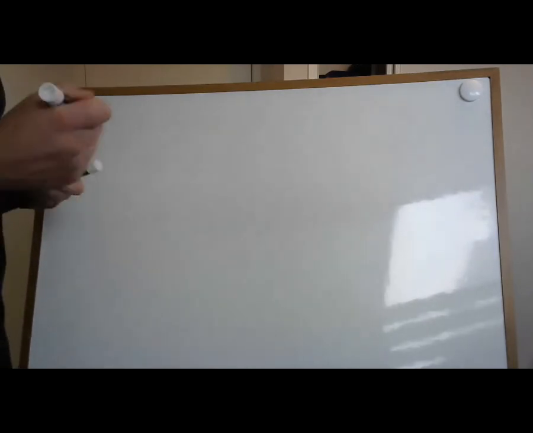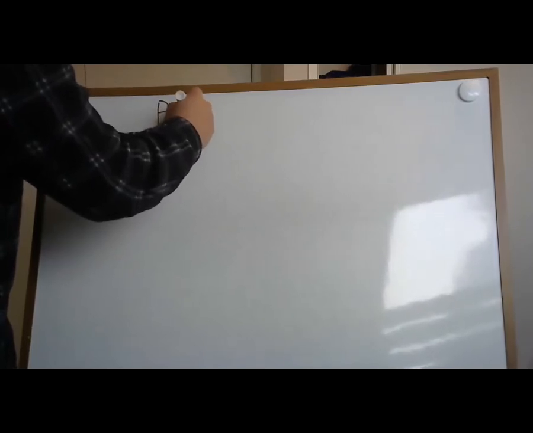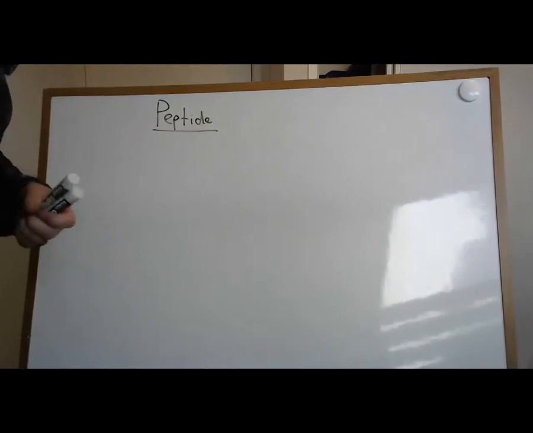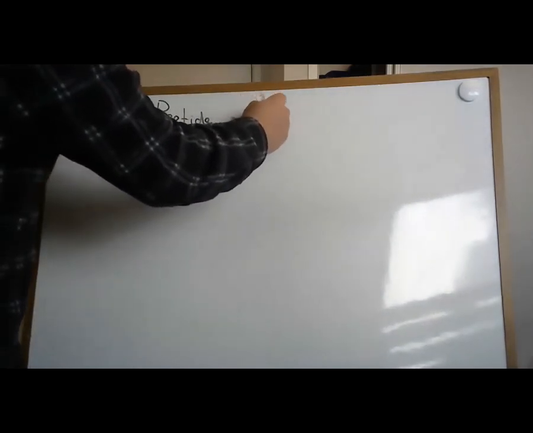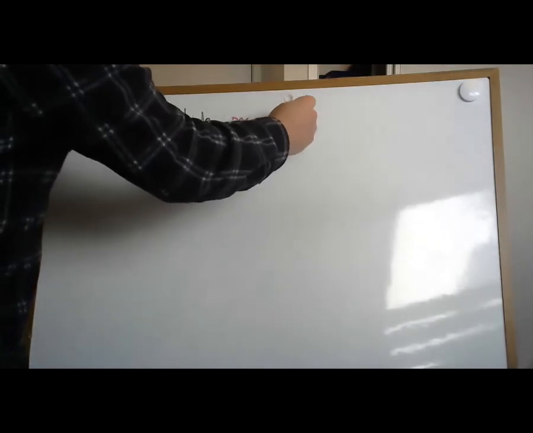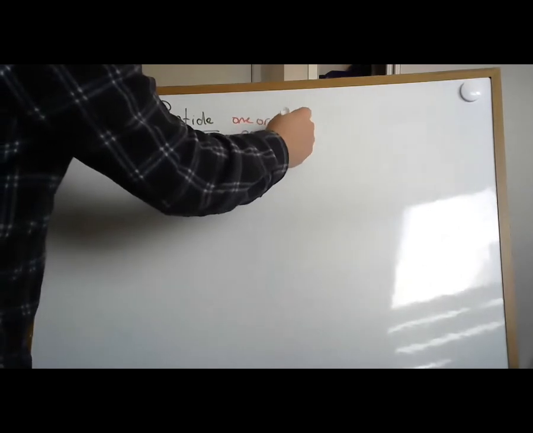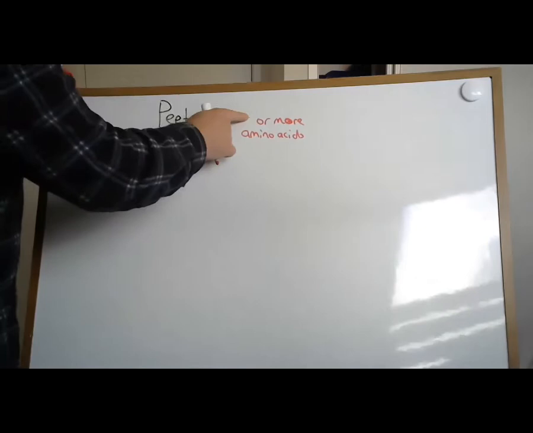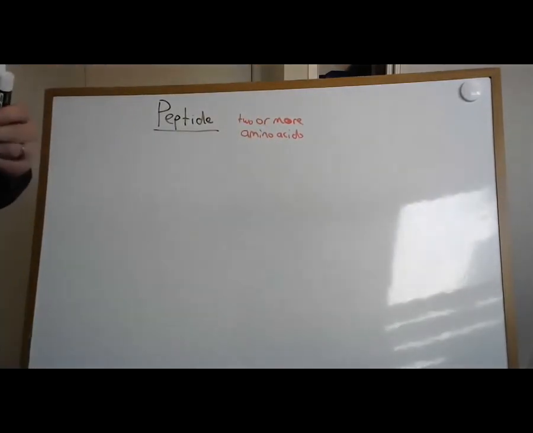So peptides. We're not quite out of protein yet. Peptide is two or more amino acids. One amino acid is just an amino acid.